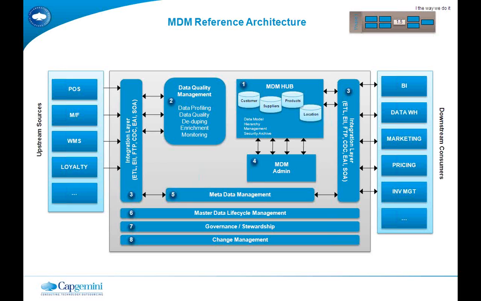In this architecture you can see the center is really the MDM hub, surrounded by the support it's going to need from data quality and enrichment and overall data administration.